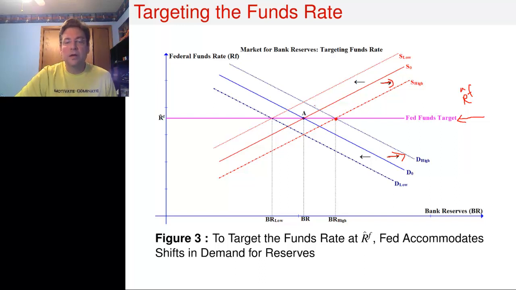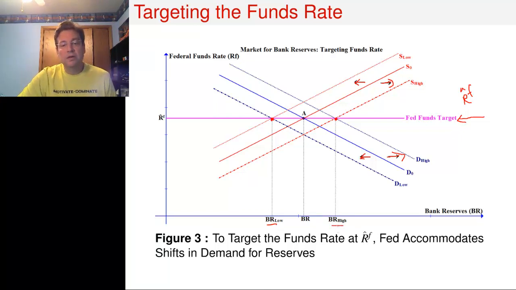And then an analogous thing occurs if the demand shift is in. Then the Fed will contract reserves in order to keep the funds rate here. So you'll notice that what the Fed is interested in is maintaining the interest rate at R hat. And the level of bank reserves is of secondary concern to them.